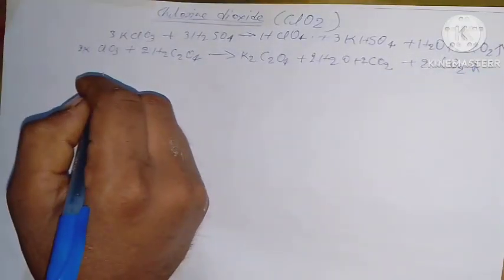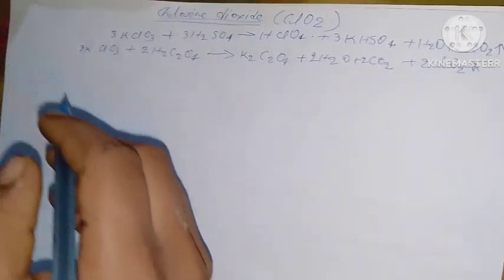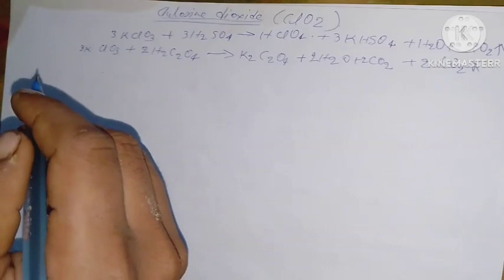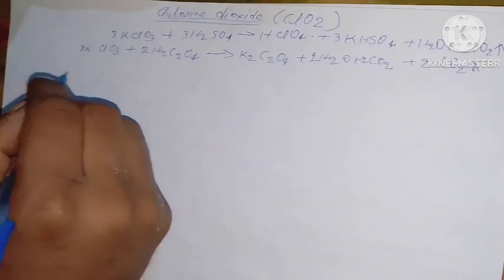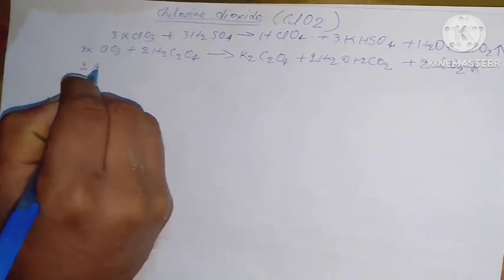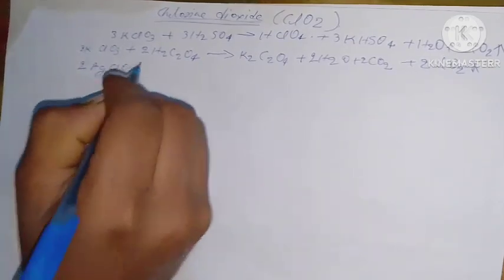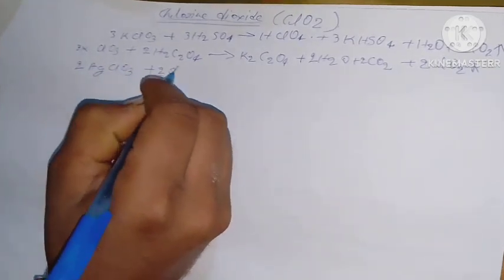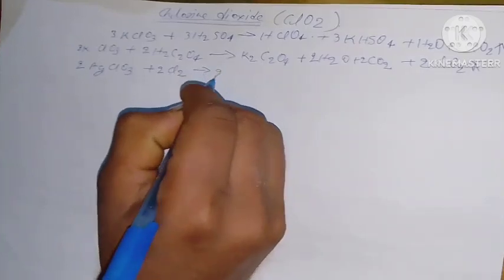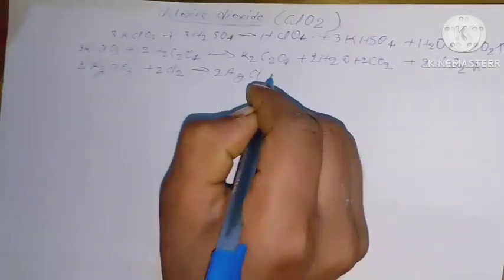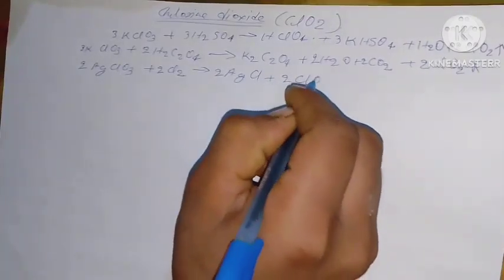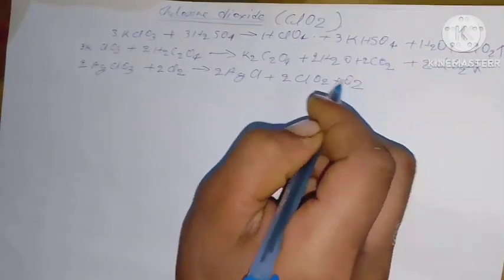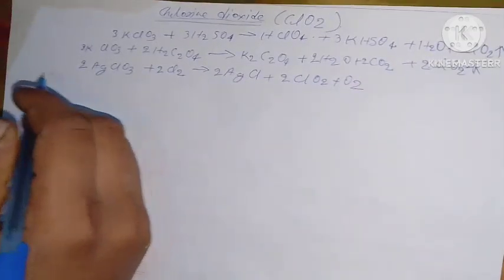The best method of preparation is by heating AgClO3 with chlorine gas: 2AgClO3 plus 2Cl2 gives 2AgCl plus 2ClO2 plus O2.